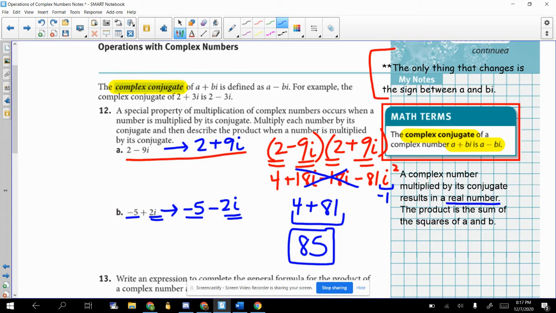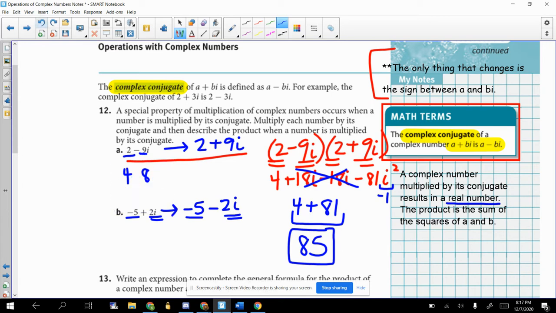And the product is just the sum of the squares of a and b. If you were to just square your a term, which is 2, 2 squared is 4. And if you were to square your b term, which is 9, 9 squared is 81, then you would have gotten that 85. So that's a shortcut if you want to use it.